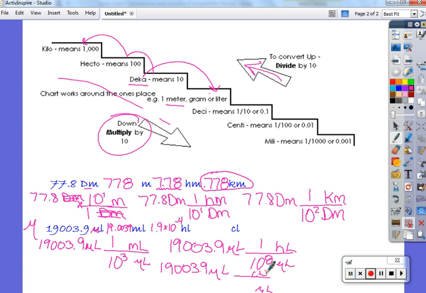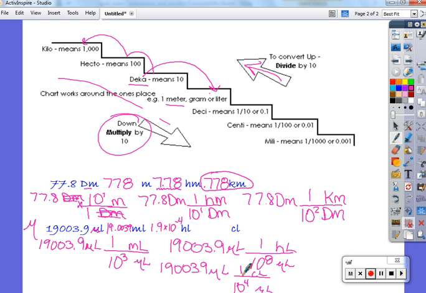This is just for the purpose of practicing. So let's start at micro. I'm going to count to centi. And I go 1, 2, 3, and I'm at milli, and 4, I am at centi. Okay, so there are 10 to the 4th microliters in 1 centiliter.